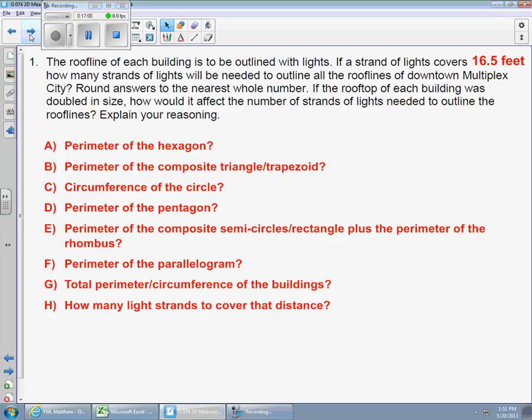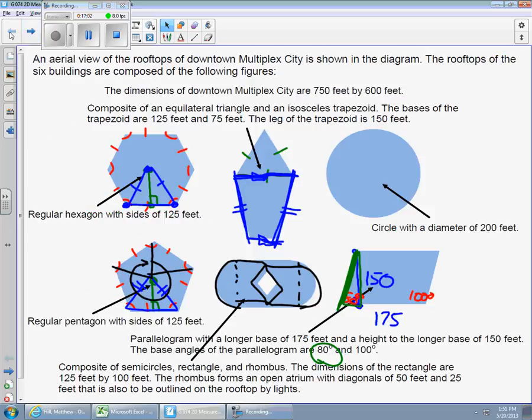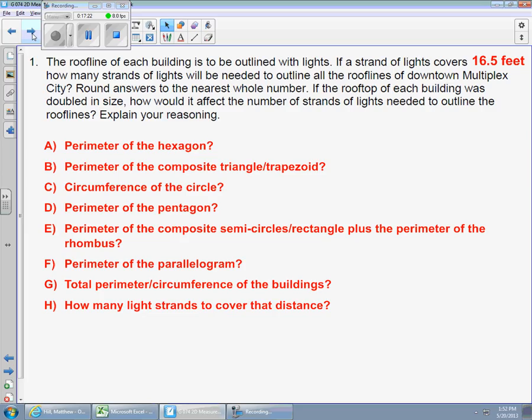But also, and I didn't mention this while we were doing it, the description of that building said that the atrium is also to be outlined on the rooftop with the lights. So inside of that oval-shaped building, we're going to have to figure out the perimeter of that rhombus because it gets lights also. So the perimeter of the composite semicircle rectangle building plus the perimeter of the rhombus.